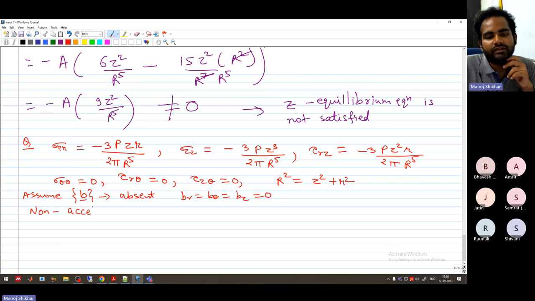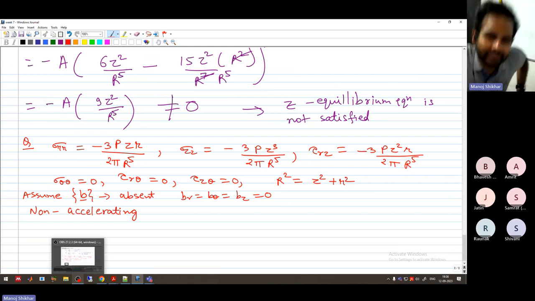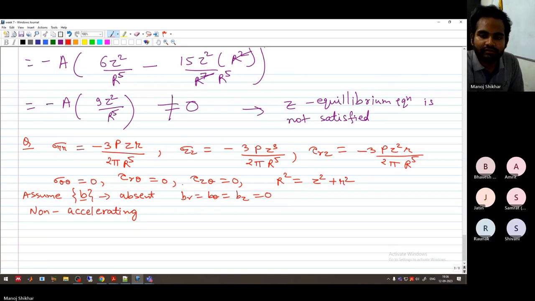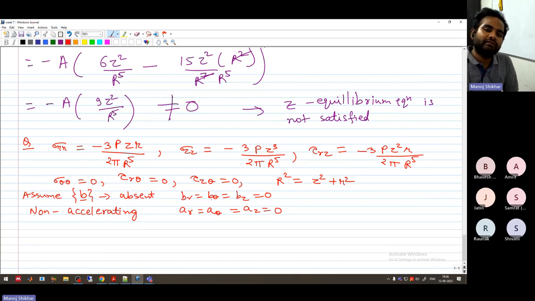Now, the funny thing about non-accelerating is the body can be in constant velocity. It can be moving with a constant velocity, but it is not accelerating. So that's why AR, A theta and AZ are also 0. And they're asking, will this state of stress satisfy the equilibrium condition?